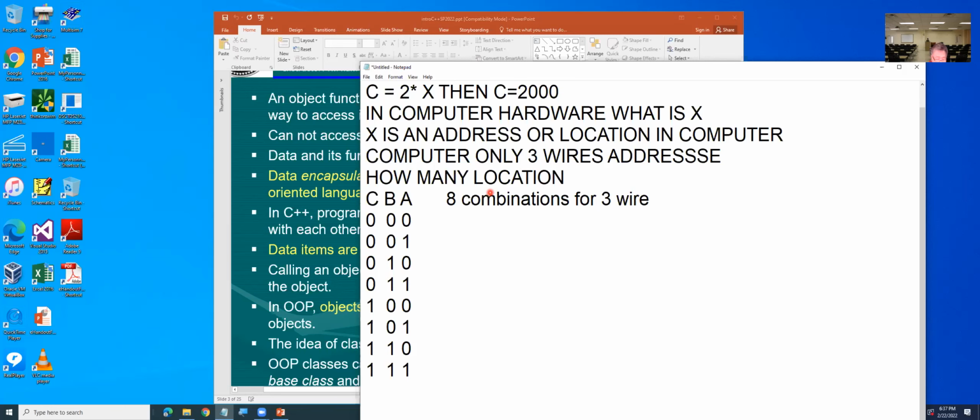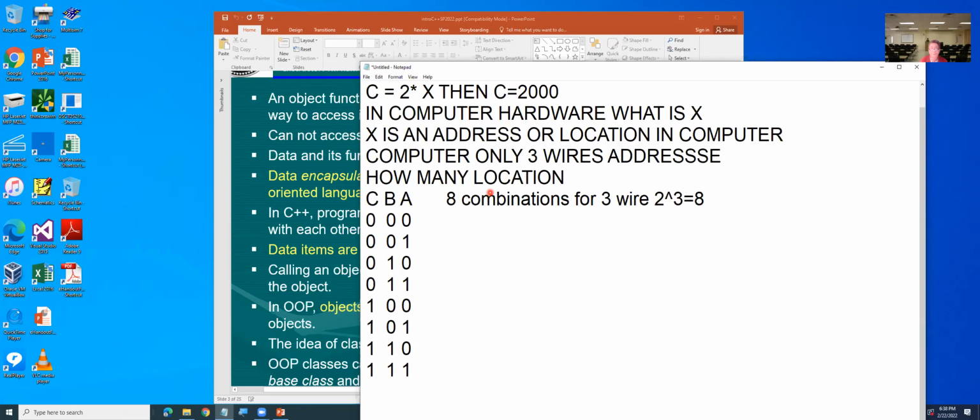So you can use the formula 2 power of 3, that gives you 8.